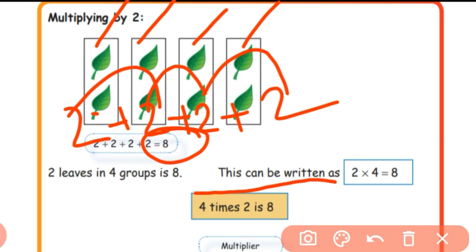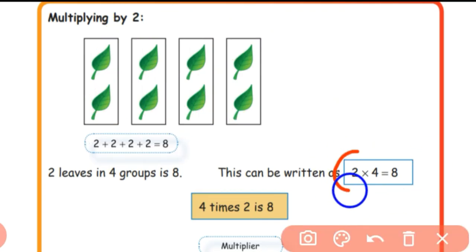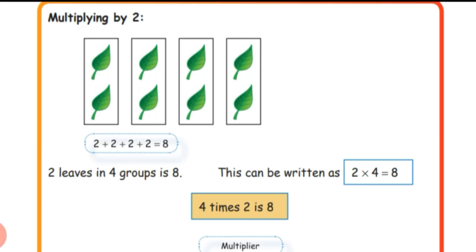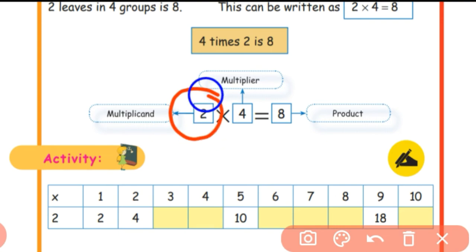This can be written as 2 into 4 is equal to 8. Number of leaves 2, 4 groups and total number of leaves is 8. 4 times 2 is 8. Here 2 is a multiplicand, 4 is a multiplier, 8 is a product.